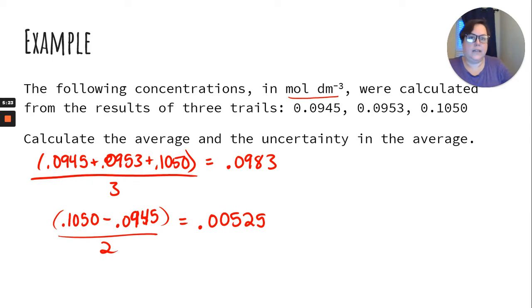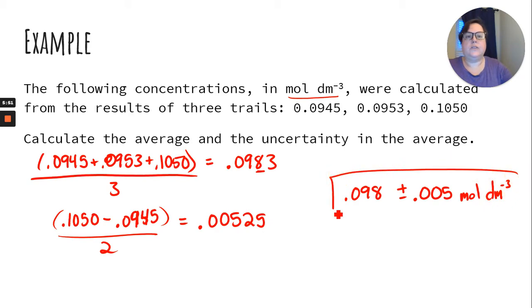Since uncertainty can only have one significant figure, we would say that it's going to be plus or minus 0.005, which means we can't go past that third decimal place in our measurement. So 1, 2, 3. So we can't go past the 8 in our measurement because of our uncertainty. So it would be 0.098 plus or minus 0.005, and then we would want our units moles per decimeters cubed.